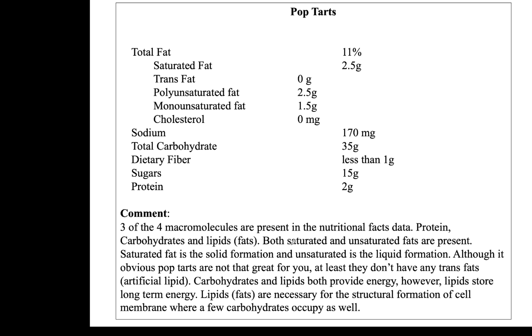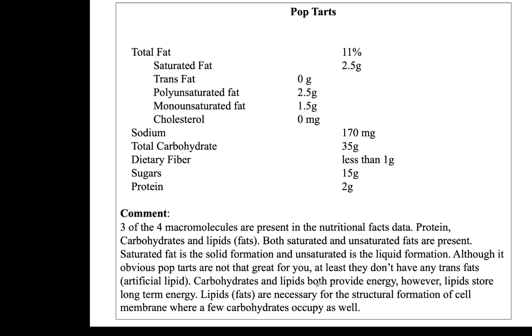In terms of lipid, both saturated and unsaturated fat are present. Saturated fat is the solid form and unsaturated fat is the liquid form. Although it's obvious Pop-Tarts are not that great for you because saturated or unsaturated fat is not low, there's no trans fat and there's no cholesterol.